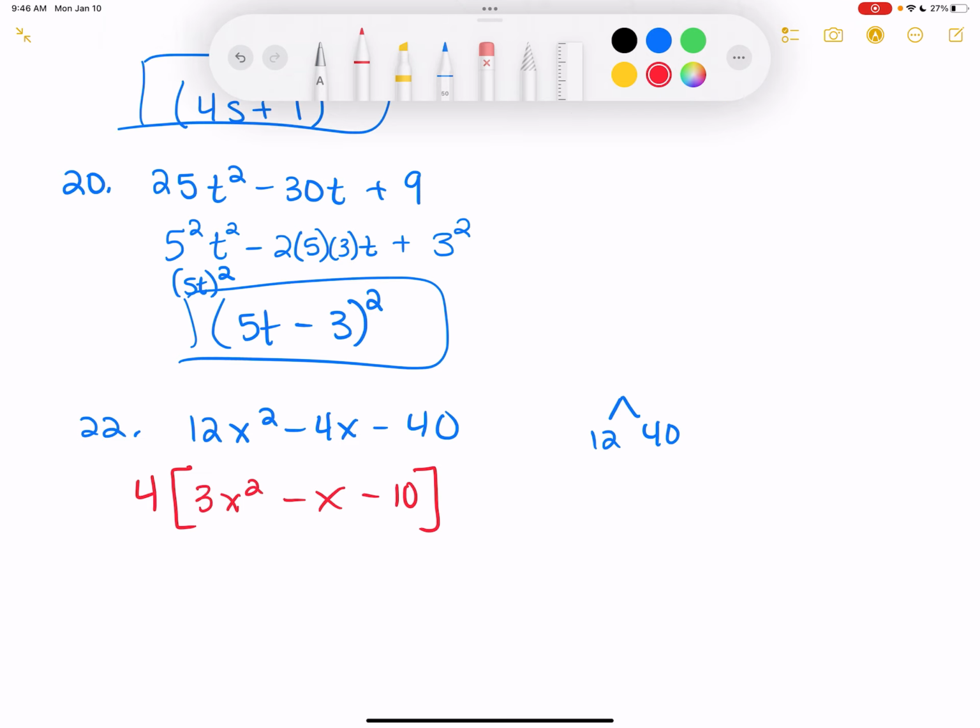So factors of 30. If I was going to do it, I would do 3 and negative 10 as my factors, and then I would keep going. You may see what the factors are without me writing it, but this is just a refresher for prime factoring in case you get one that you need it.